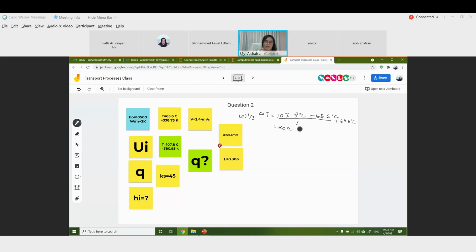It doesn't have to be perfect because we are still doing trial and error, so we'll just take more or less 80 degrees Celsius for ease of calculation. Given this, and considering the previous question, what do you think we need to calculate first?